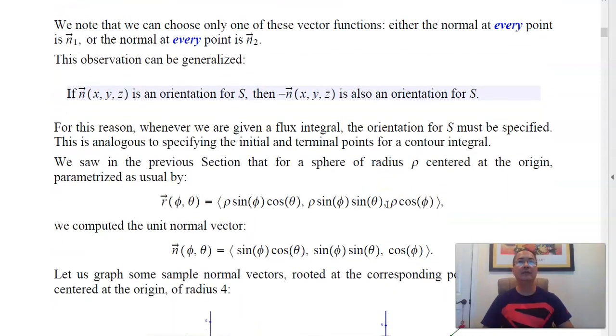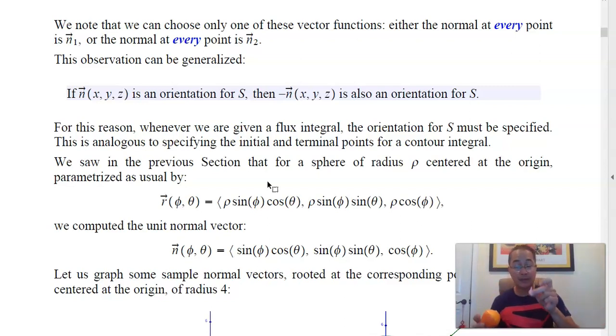So that tells us that if you do already have one choice for an orientation, this continuous normal vector, you could also take the entire negative of that orientation. Both are valid unit normal vectors for your surface, but you have to pick only one. What about spheres? Here's my pseudosphere.